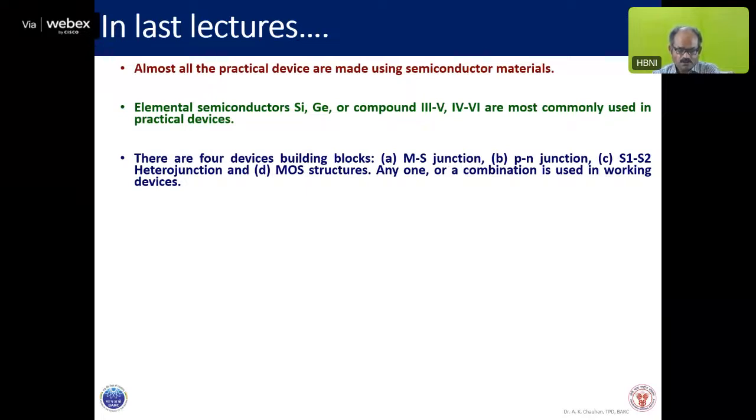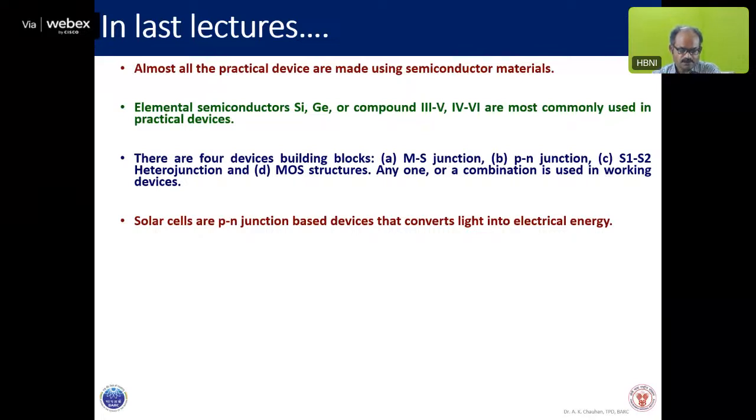We also saw that there are four kinds of basic device building blocks, which are metal semiconductor junctions, PN junctions, two different kinds of semiconductors having different band gaps, S1 and S2, also called heterojunctions, and metal oxide semiconductor structures. Any one or any combination of these four building blocks can give you a working device.